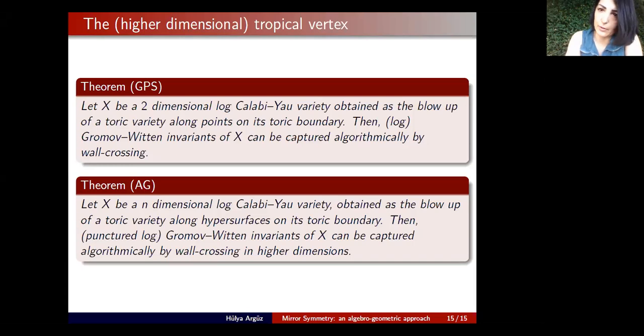And in higher dimensions, what you need is punctured log Gromov-Witten invariants, which means you're looking at, again, counts of curves with prescribed tangencies relative to some divisors, but these tangencies can be negative. You can imagine a curve having a positive tangency if it touches the divisor. And negative tangency happens typically when an irreducible component of the curve totally falls into this divisor.